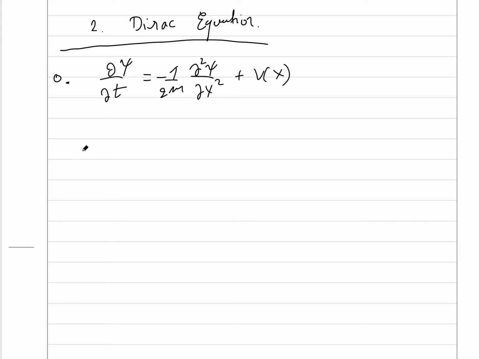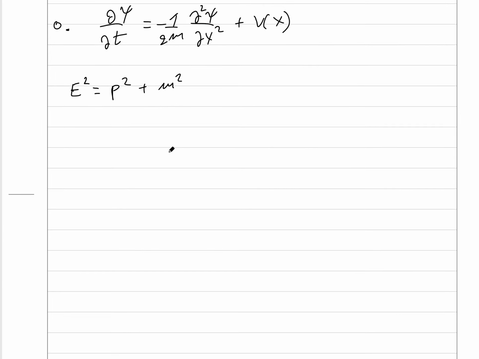So the equation for quantum mechanics should satisfy the energy-momentum relation, so E squared equals p squared plus m squared, which is Einstein's equation of energy and momentum. Now suppose we have this equation and then we apply it to psi of x, which represents a wave function here.